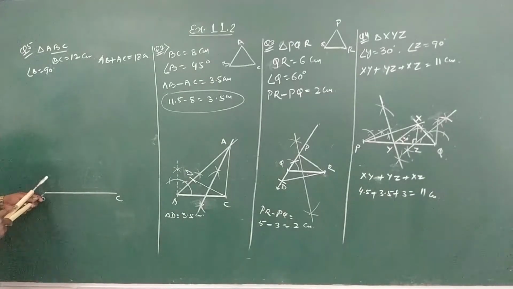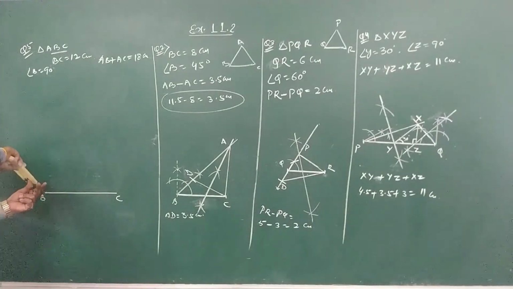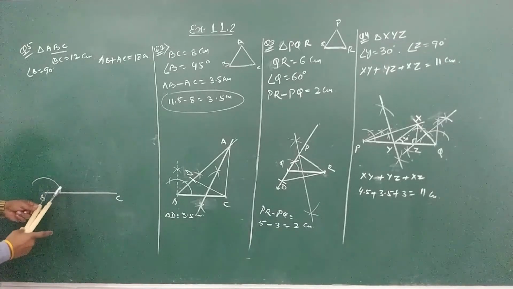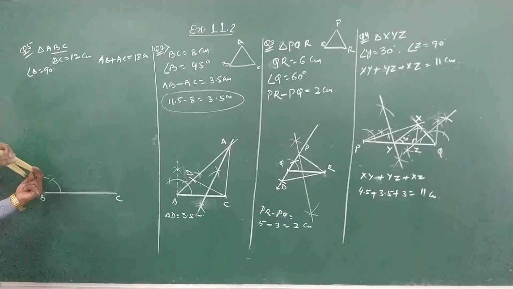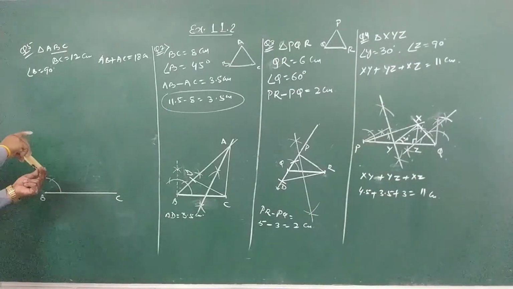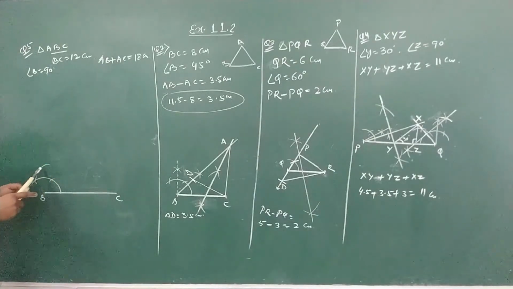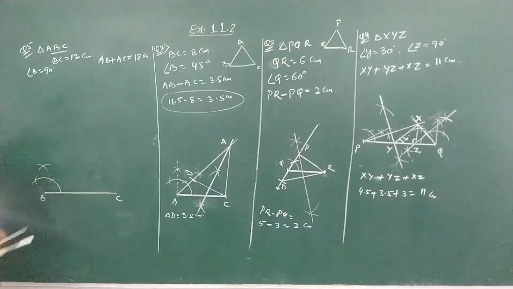Now draw and construct an angle of 90 degree at B. You know how to construct it. We already constructed it so many times. So it's very easy to construct a 90 degree angle.